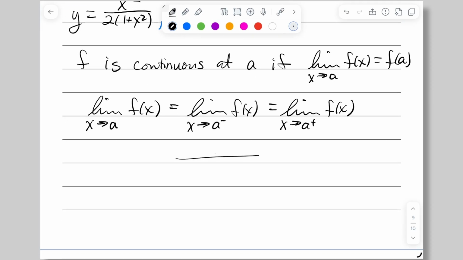In this case, our split happens at 1, and we have one definition of f to the left of 1 and one definition of f to the right of 1. So we need the limit as x approaches 1 from the minus side of f of x to equal the limit as x approaches 1 from the positive side of f of x.